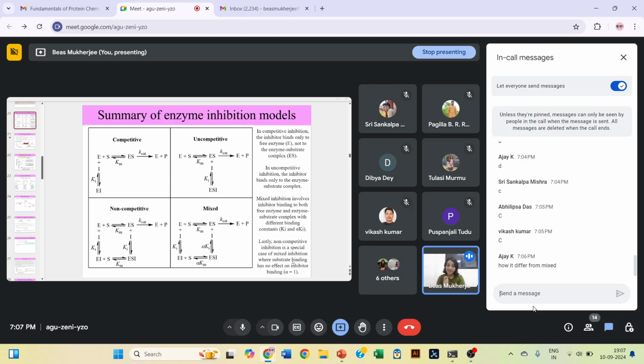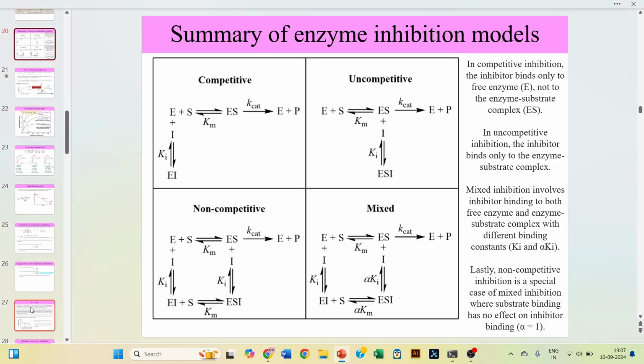But in mixed inhibition, there is a change in the inhibitor's dissociation constant when it binds to the enzyme substrate complex. So in mixed inhibition, the inhibitor binds to both free enzyme and enzyme substrate complex with different binding constants. That is the difference. We'll go back to the question.